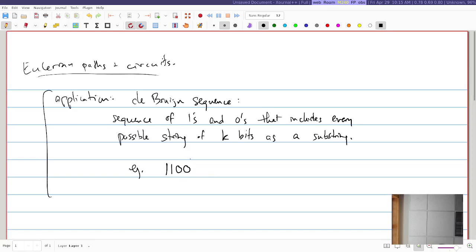If we think of it in a cycle, then here's 1, 1, here's 1, 0, here's 0, 0, and here's 0, 1, and that's every possible sequence of 2 bits, but compressed into just this string of 4 bits.